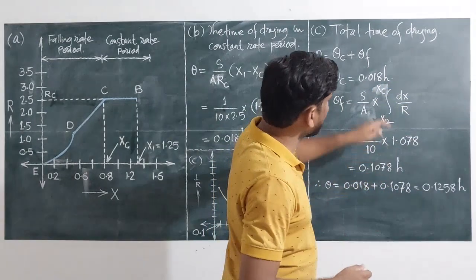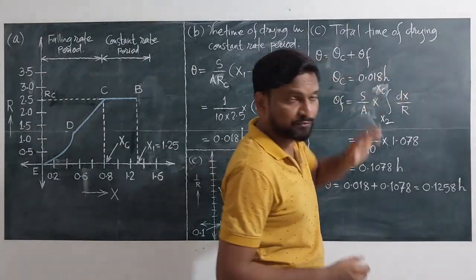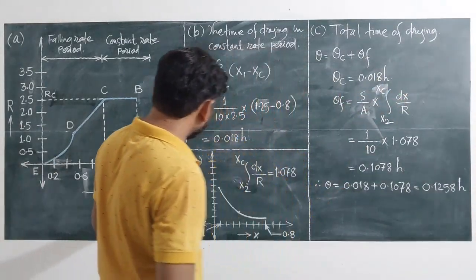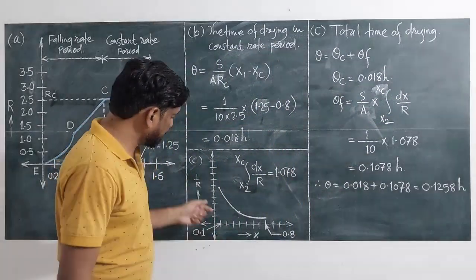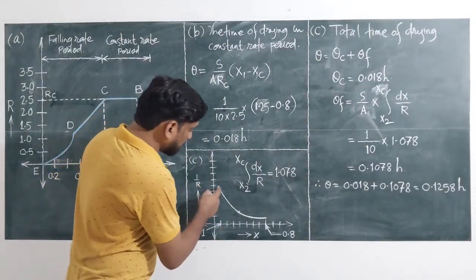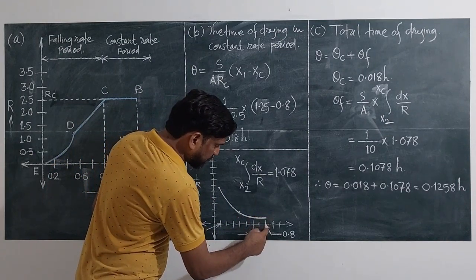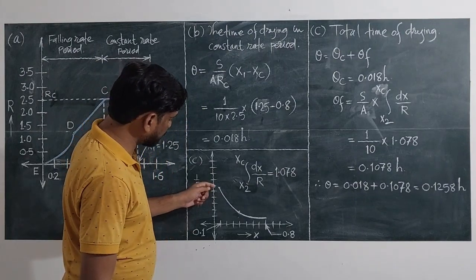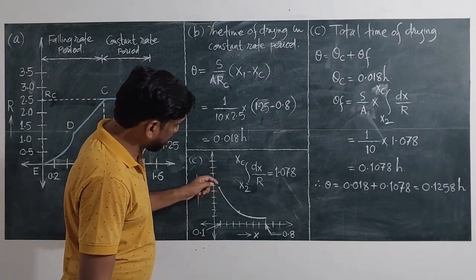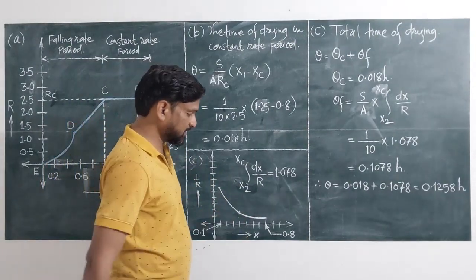Which is that curve? The 1 by r versus x curve. Here I have drawn the curve 1 by r versus x. So the curve is like this. Why have I drawn the curve up to this point and up to this point? We have these values with us.